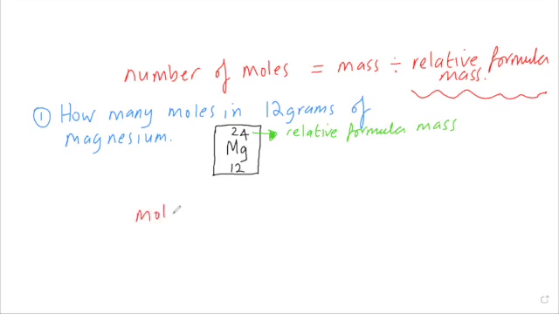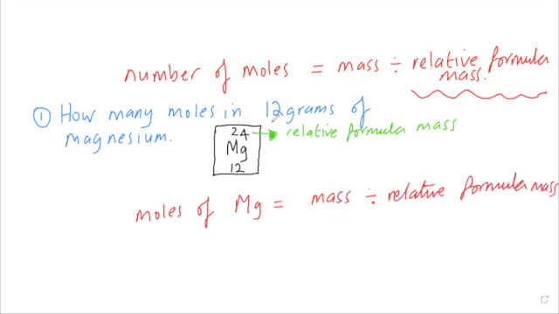Now what we do is we write down the mole formula again. Moles of magnesium equals mass divided by relative formula mass. The mass is 12. The relative formula mass is our number 24, which equals 0.5. No, 12 divided by 24 is 0.5.